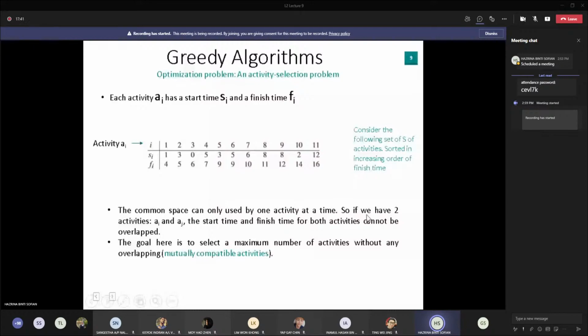So if we have two activities, for example Ai and Aj, the start time and finish time of both activities cannot overlap. The goal here is to select the maximum number of activities without any overlapping. In the common book, they call these mutually compatible activities.